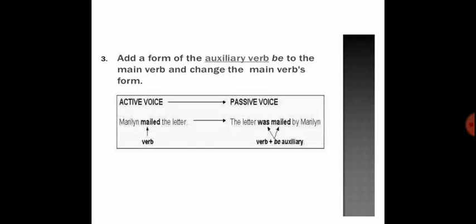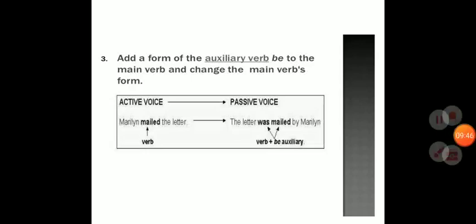Last step is to add a form of the auxiliary verb "to be" to the main verb or change the main verb's form. So now Marilyn, which was the subject in active voice, will become our object, and the letter, which was our object in active voice, will become our subject in passive.